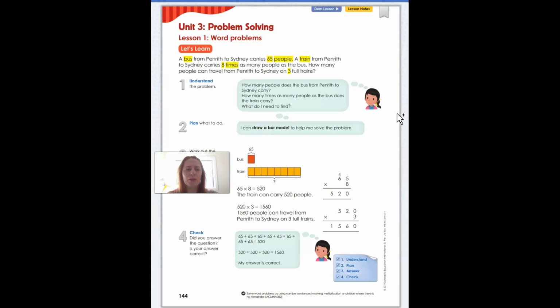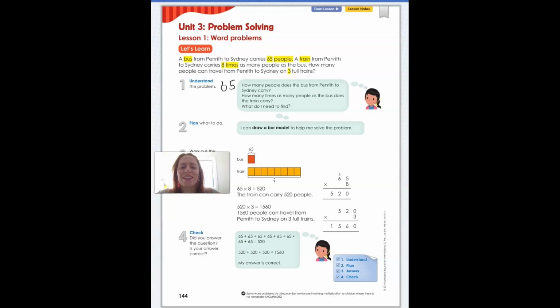So in our bubble, we're going to understand. Let me get ready to write all over my screen again. How many people does the bus from Penrith to Sydney carry? The bus carries 65 people. I don't know if I can write 65 neatly. That's as neat as it gets, kiddos.